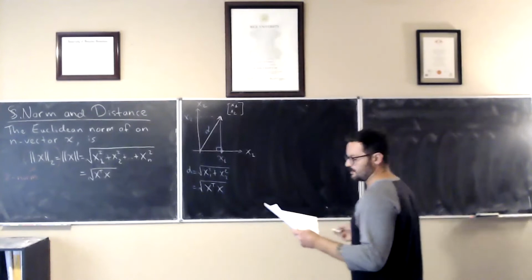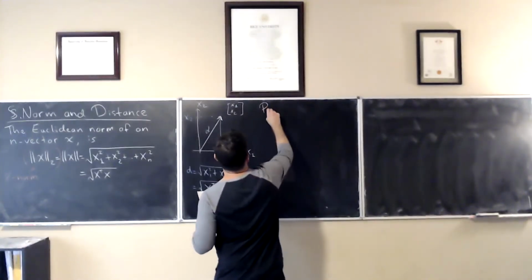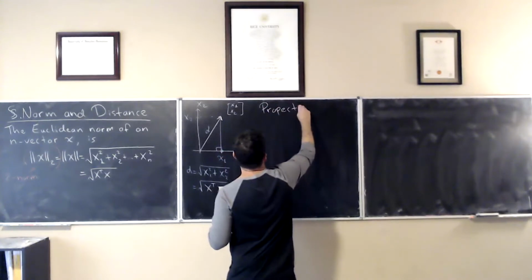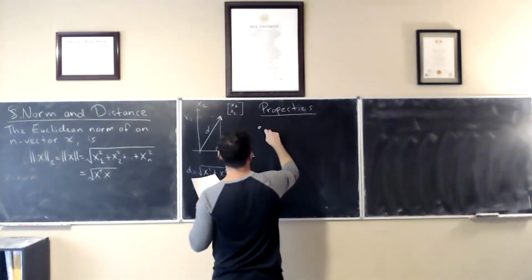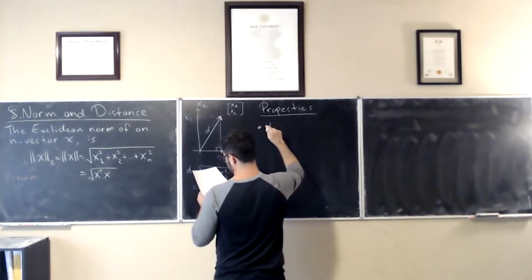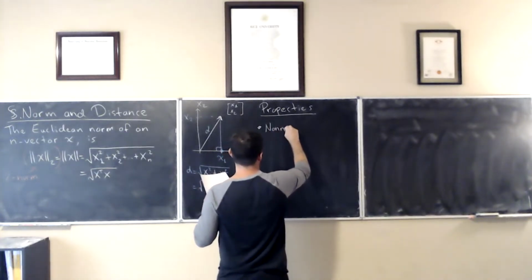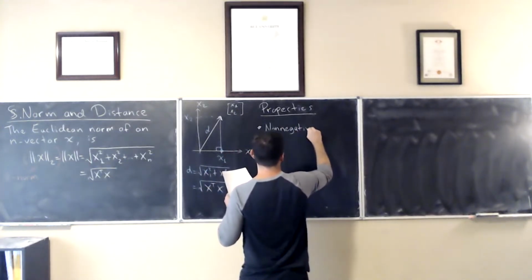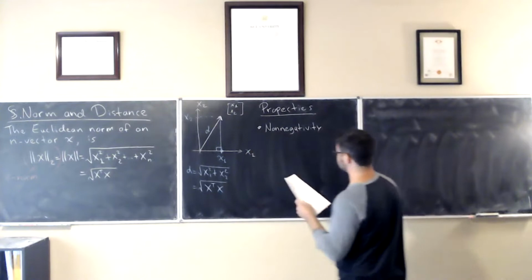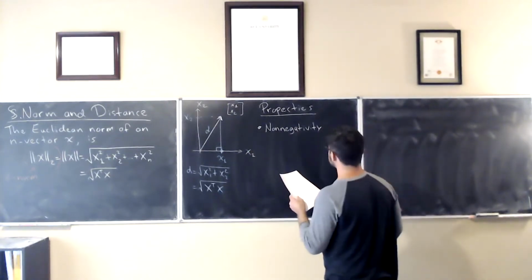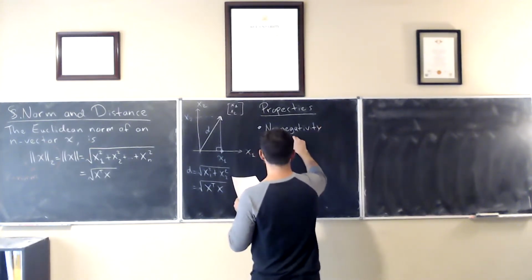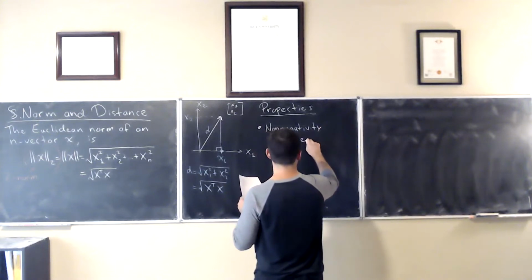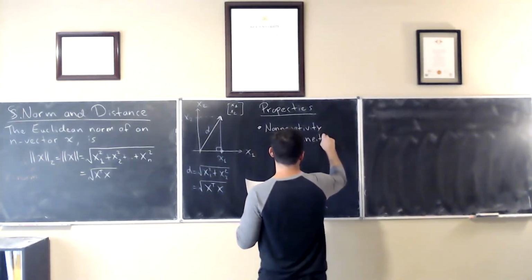So, okay, but what are the properties of the norm? Well, we have homogeneity.